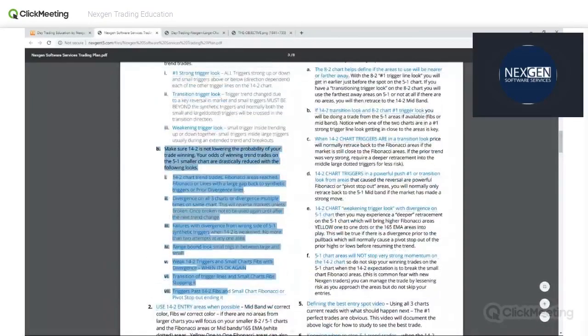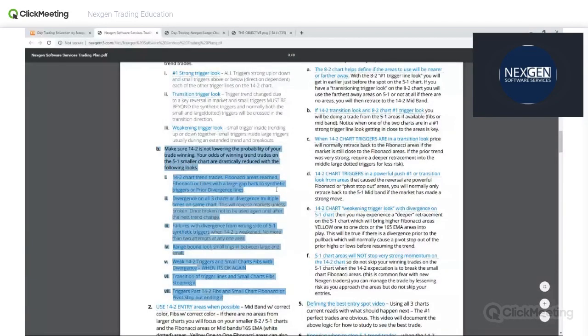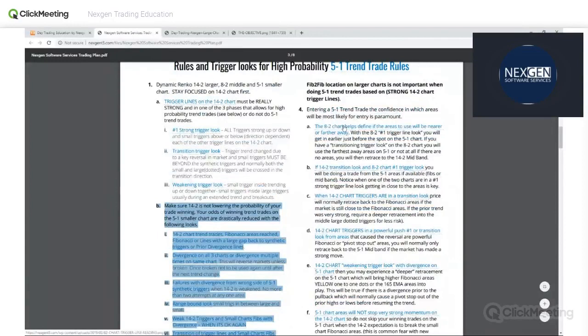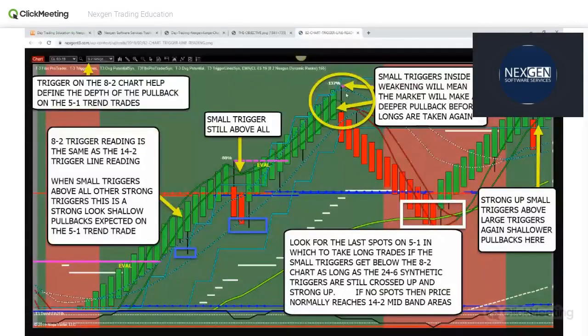Not saying that it won't go from a higher or lower spot, but for the 5-1 trend trade, these things will terminate it. And then ultimately, we're going to use the smaller charts, 5-1 and 8-2, to determine how deep of a retracement we're going to get before we go long.